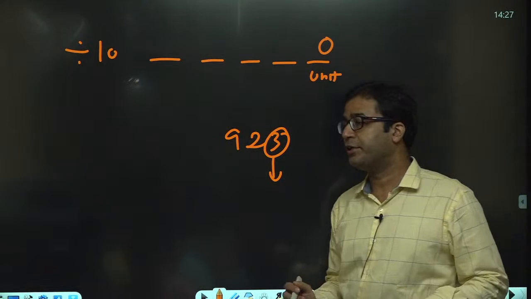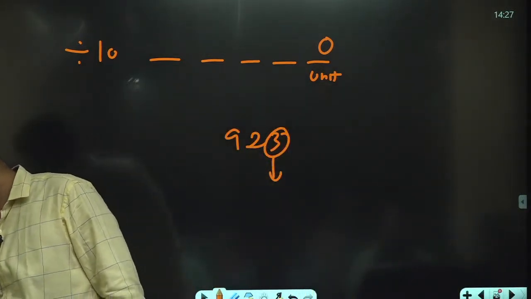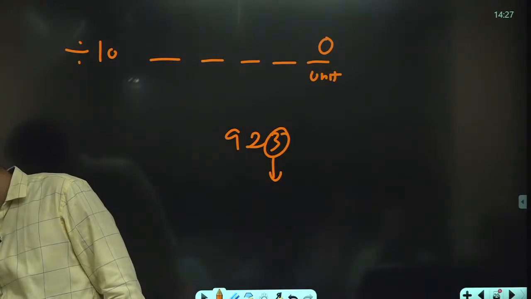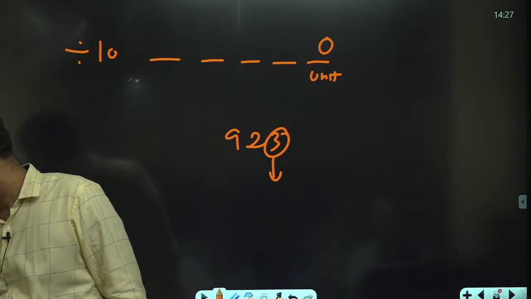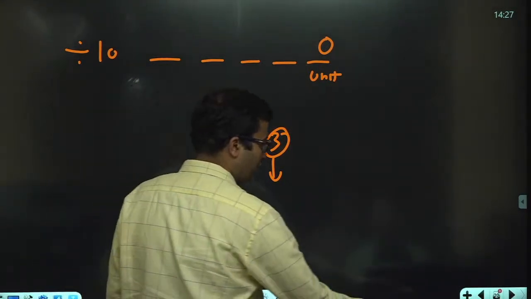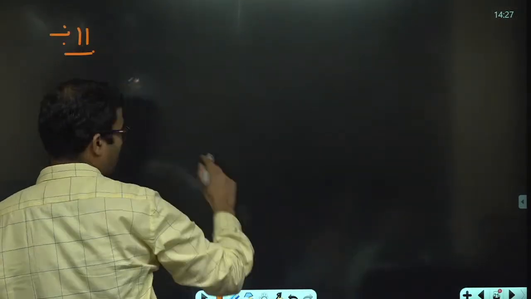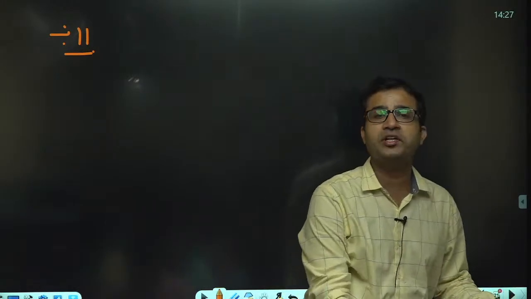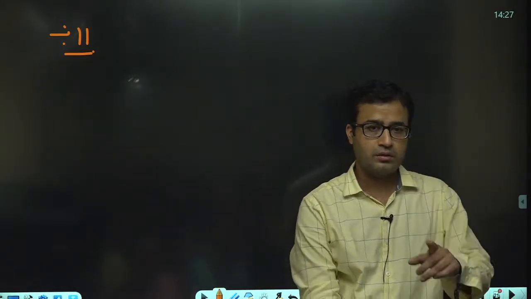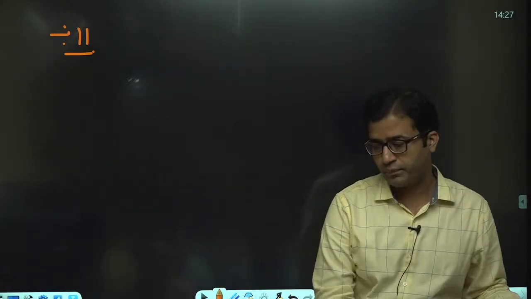Next is divisibility of 11. For divisibility of 11, let me explain. There are 3 steps. Achha, how many of you know the rule of divisibility of 11? You know, alternate.